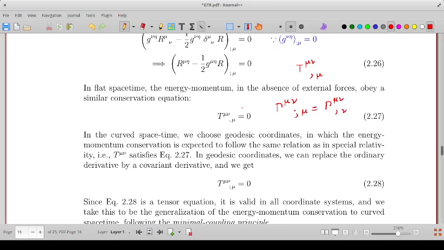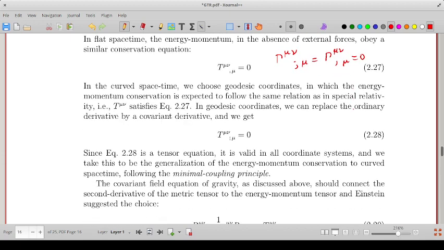But then, since these are local coordinates, we expect the equation to reduce to that of the special theory of relativity, which says that T^μν_,μ is equal to 0. So in the local coordinate system, that is, in the geodesic coordinates, the equation satisfied by the energy momentum tensor is T^μν_;μ equal to 0.